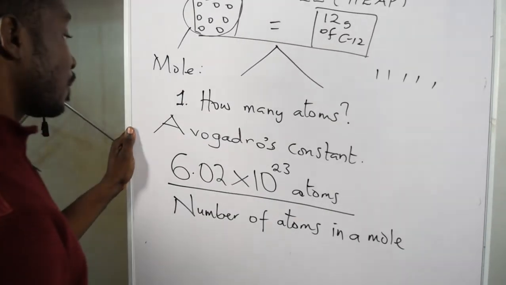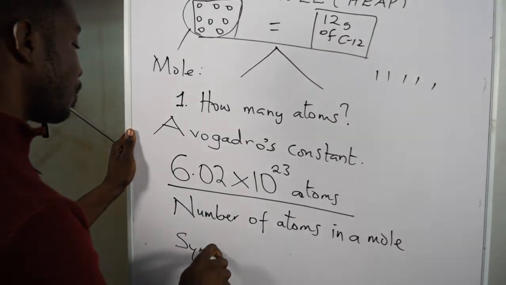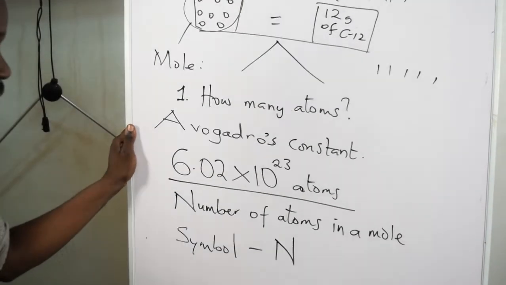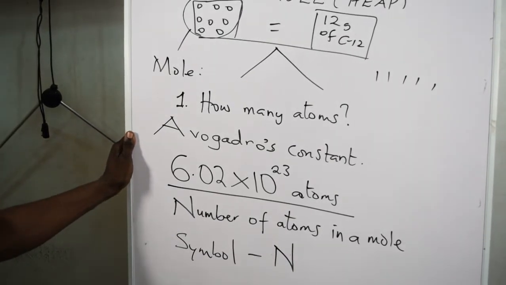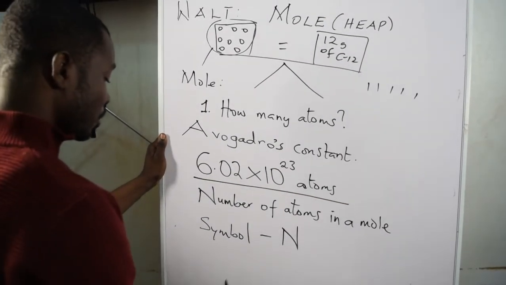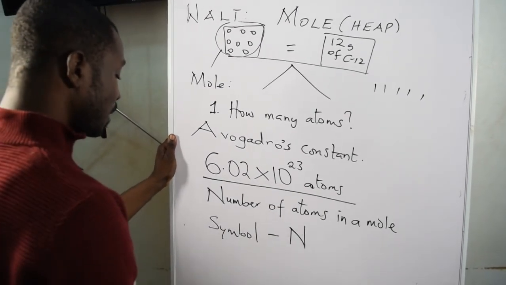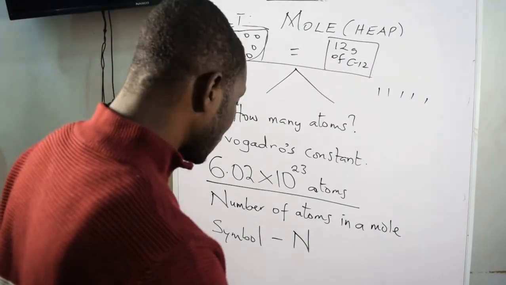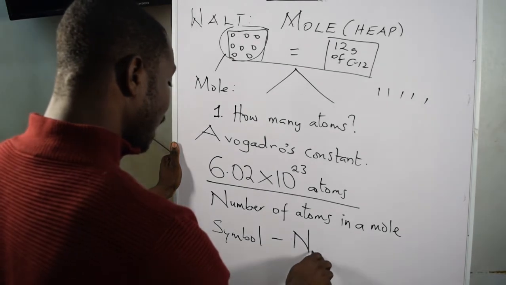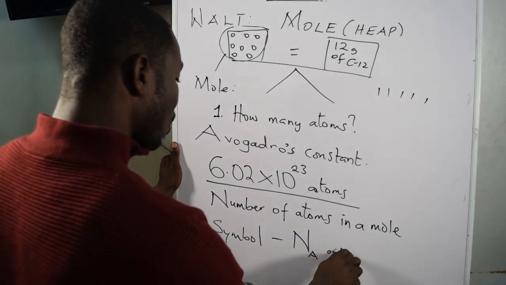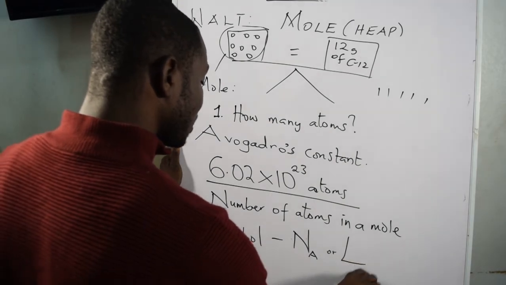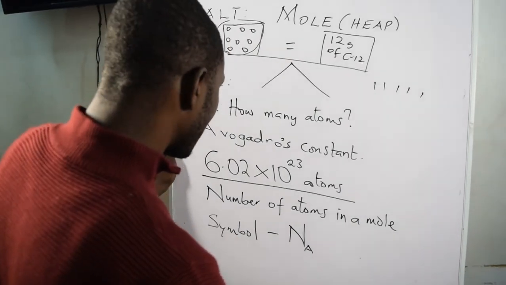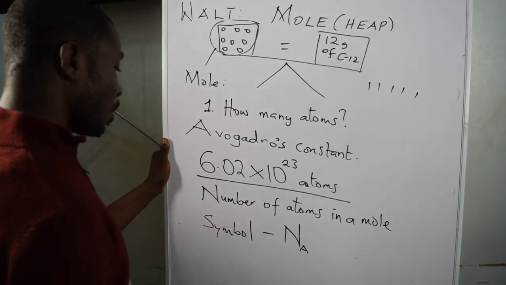The symbol is capital N. In other books you may see N with a subscript A, or L, for Avogadro's constant, but we can stick to this for now.